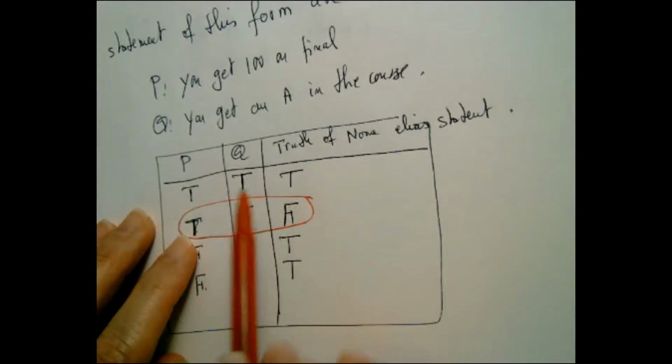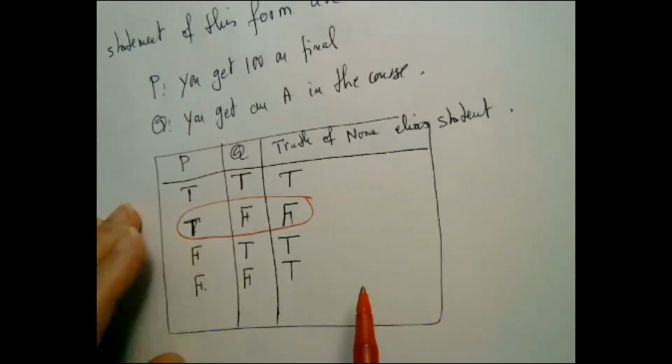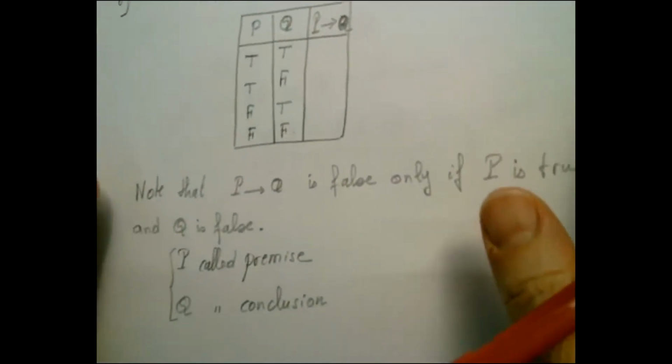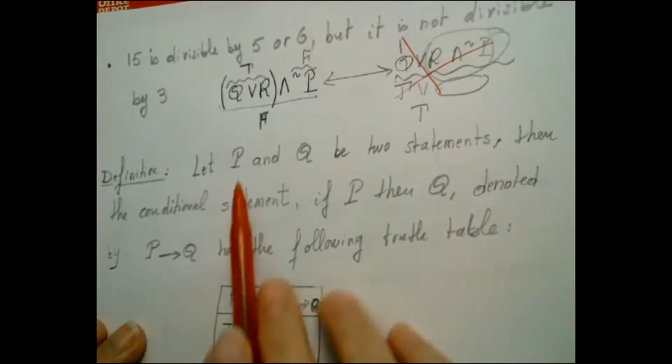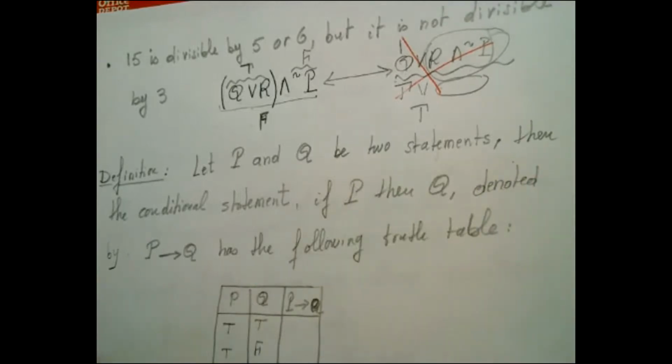It's the only place where my conditional statement is going to be wrong. Okay, so this will motivate a little bit for us the truth table of if P then Q. Let us go through it clearly. Let P and Q be two statements, meaning something which is true or false.